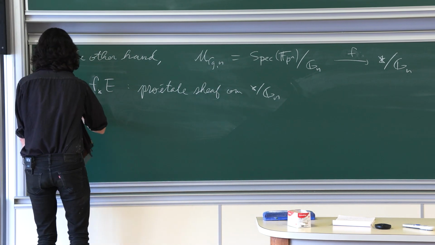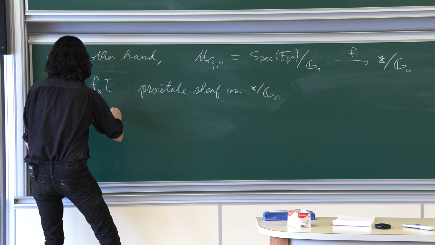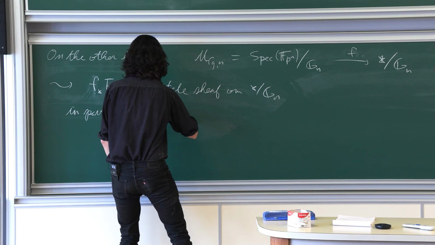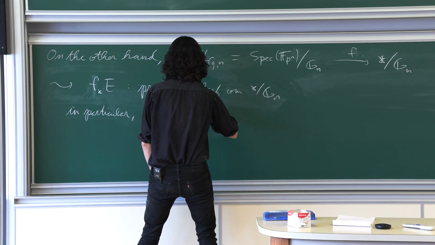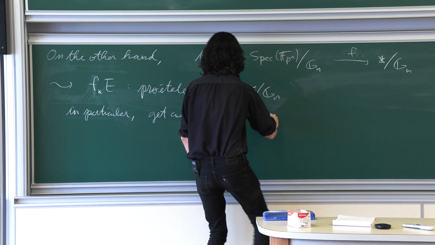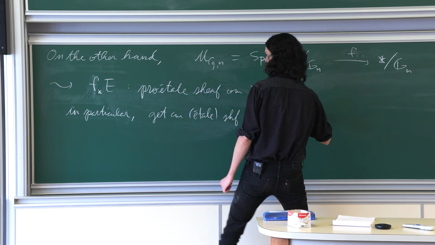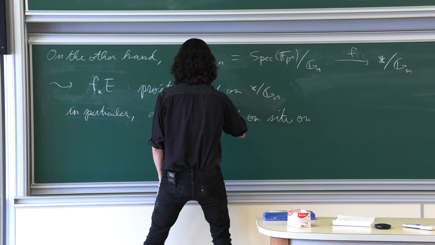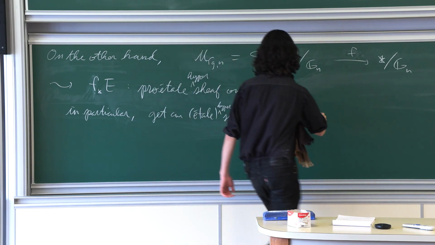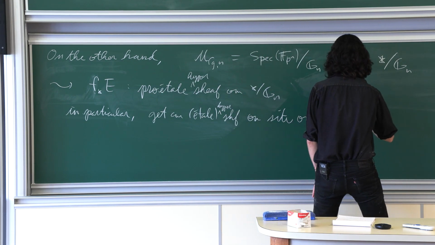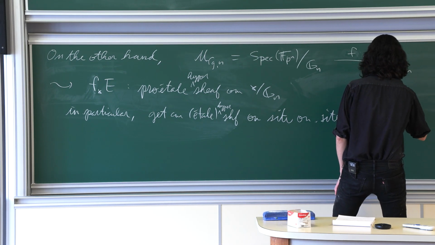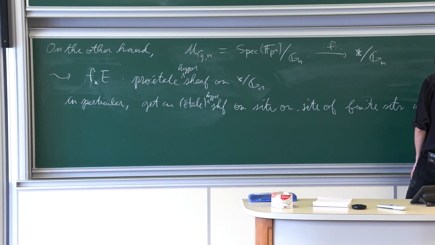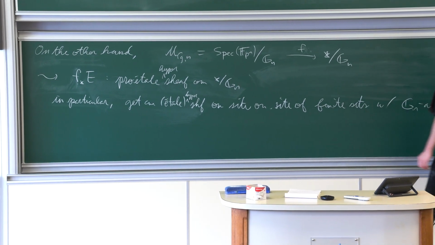And in particular, we get an étale sheaf, in fact a hypersheaf, on the site of finite sets with continuous G_n action.